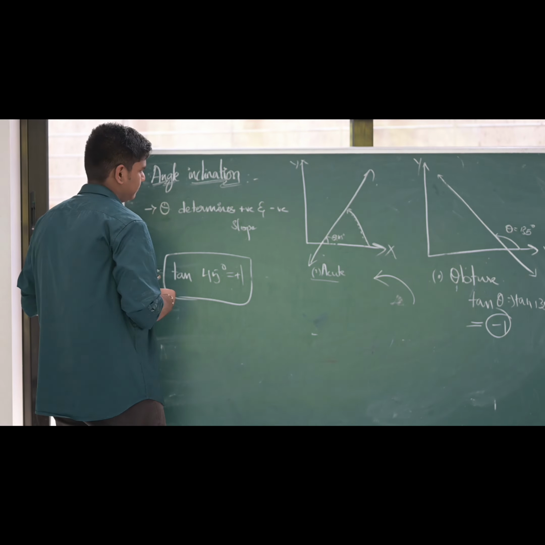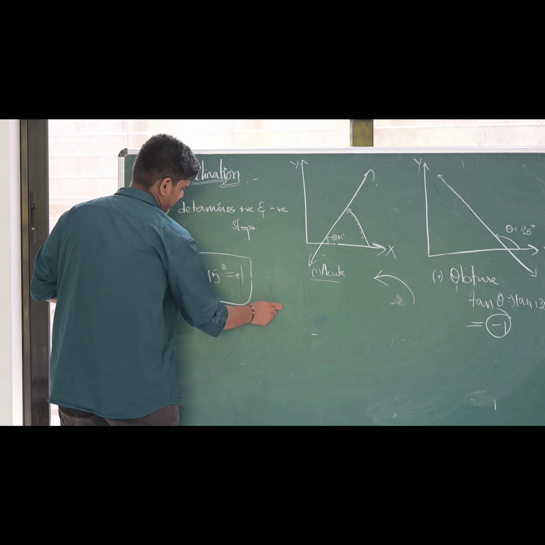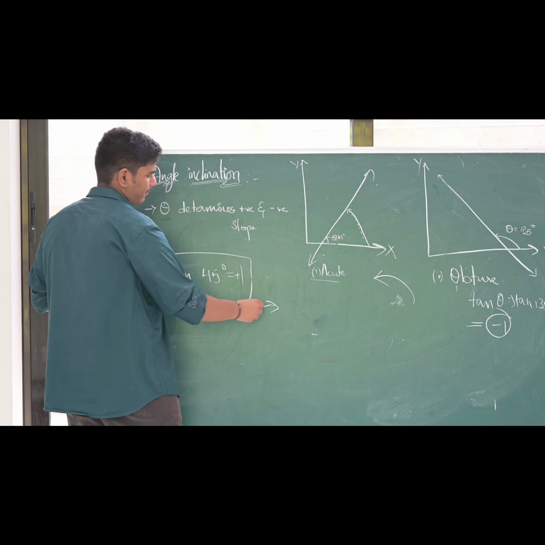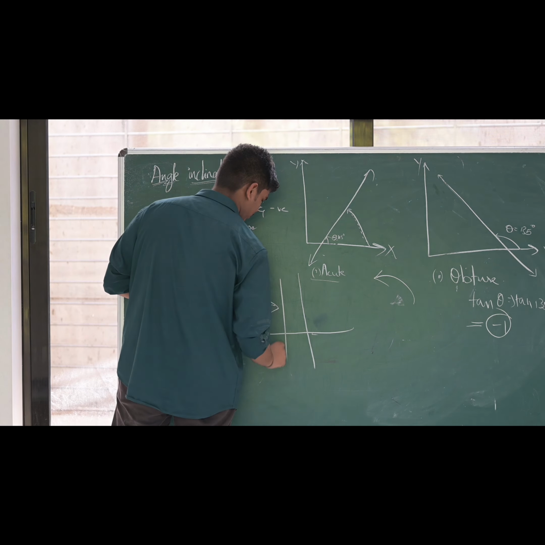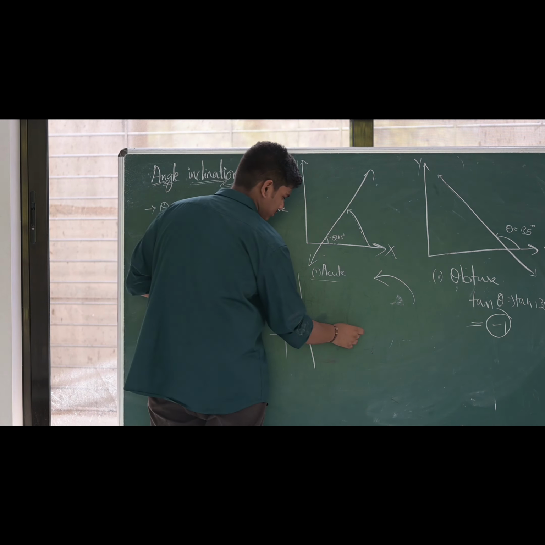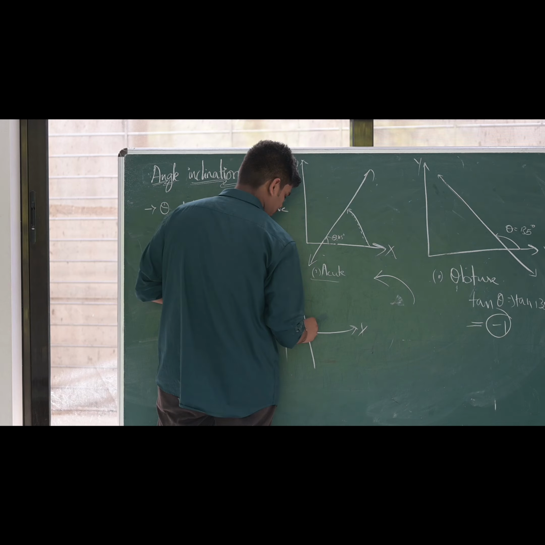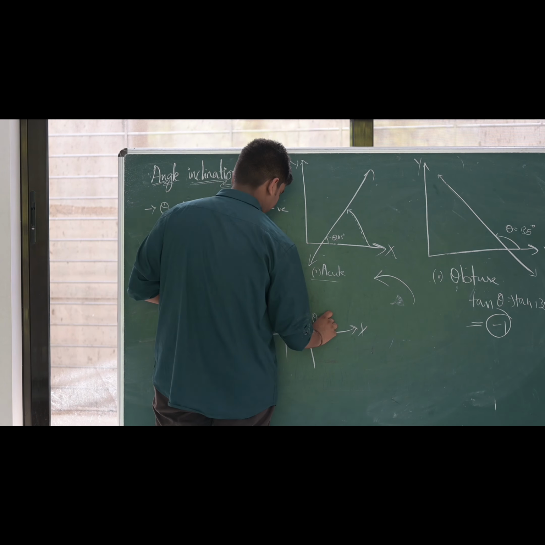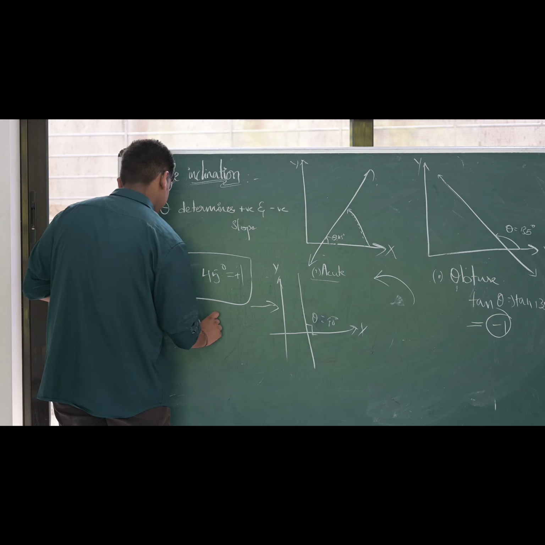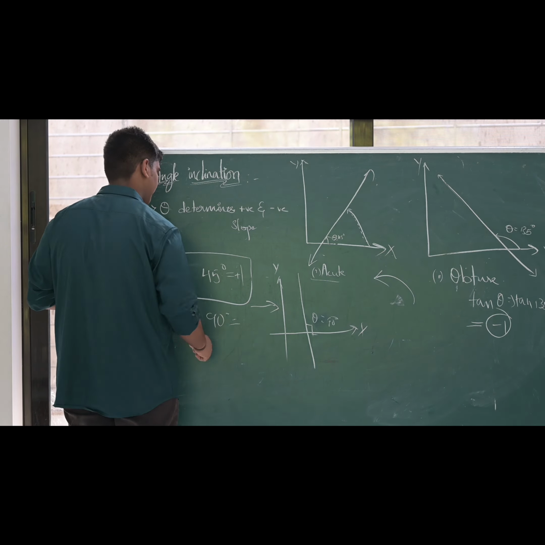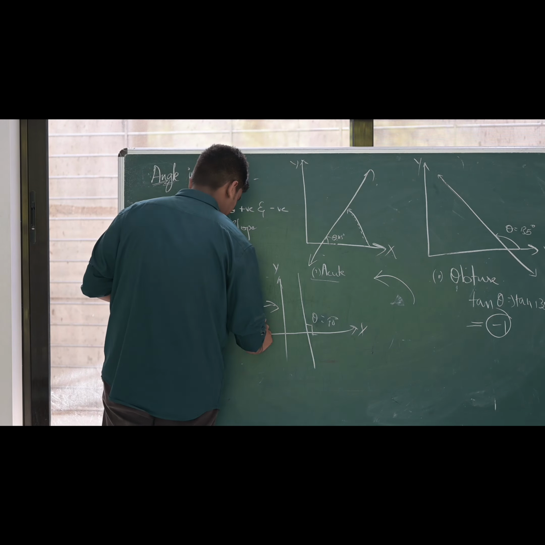Now, taking a case of theta. If the line is perpendicular, so theta is 90 degree. So as per formula, tan 90 is undefined.